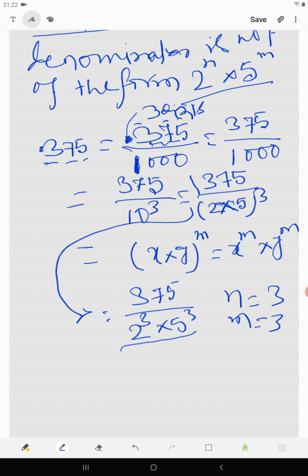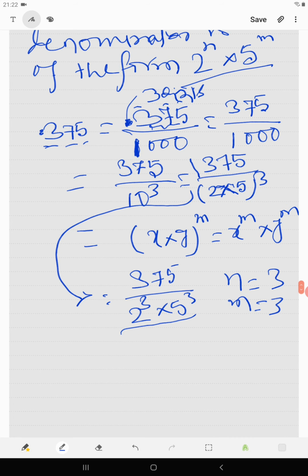Please go through that if you have any doubt. So what it is telling is, if x is a rational number whose decimal expansion terminates, it's a terminating rational number.